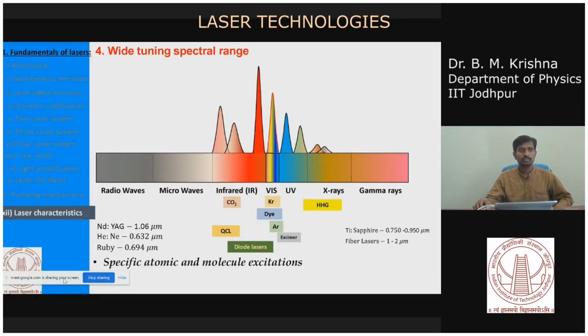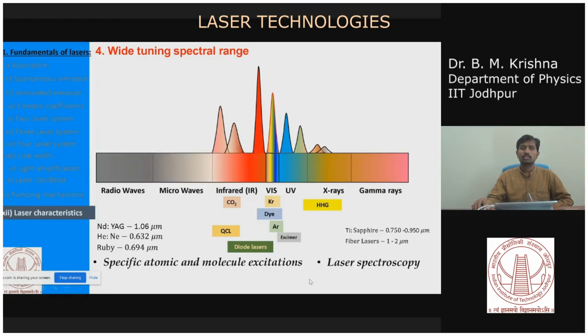So for applications, to have specific atomic excitations or molecule excitations, you need a specific wavelength with a narrow bandwidth. You can use any of your laser systems which gives the precise atomic wavelength to have an atomic excitation.